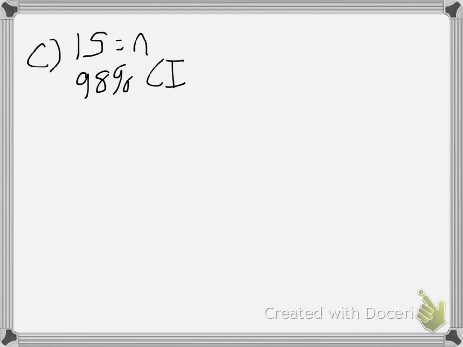Okay, so that means my degrees of freedom is equal to 14. So I go down to 14 and I go over to 98%. And hopefully you guys get 2.624.